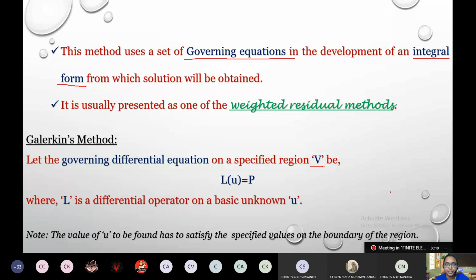That is the rule. Suppose it says u at x is equal to 2 is equal to 0. That has to be satisfied. In that way, we have to form the governing differential equation. Please make that note also. We'll go to the next slide. Take this as equation number 1, our governing differential equation.